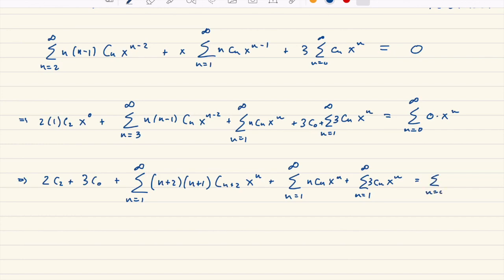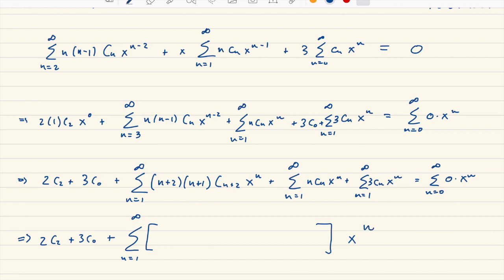So this is the sum from 0 to infinity of 0 times x to the n. And then we have one final step before we start looking at our recurrence. Our final step is I'm just going to rewrite the left side as a single sum. So this is going to be the sum starting at 1, and I'm going to write it as something times x to the n.